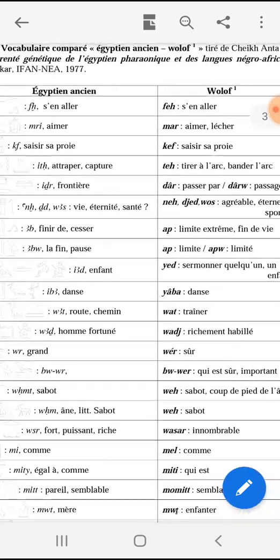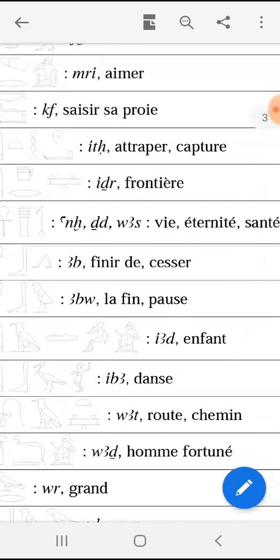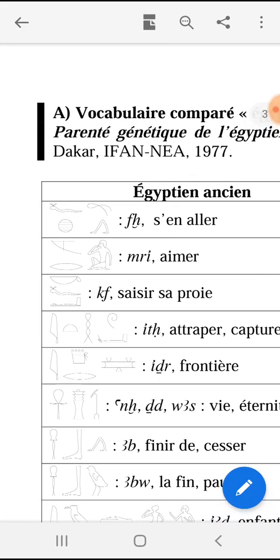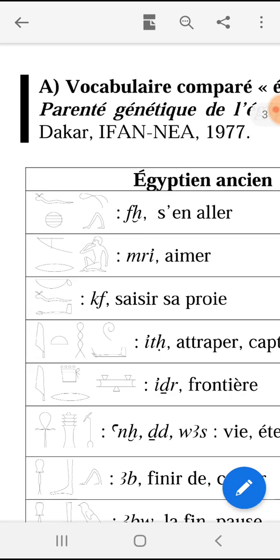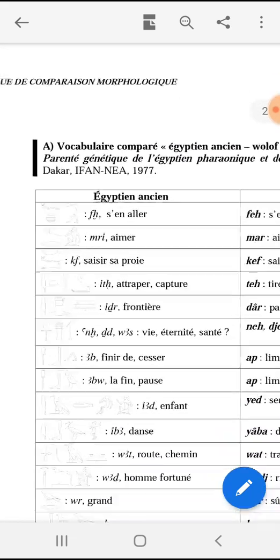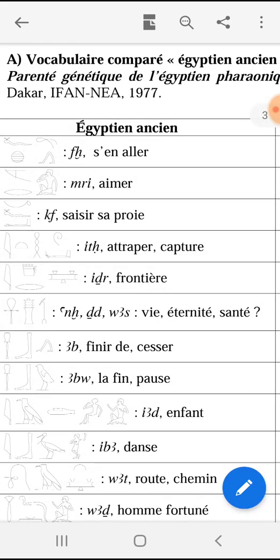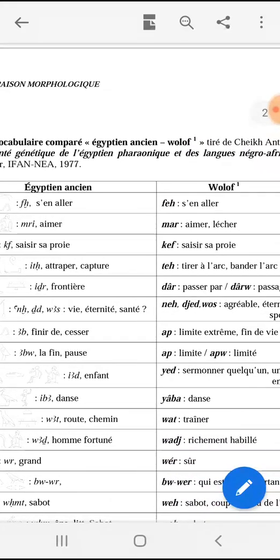On the left, you have the Medu Netcher. The glyphs are not really visible, not bold, but anyway, you have the transliteration.